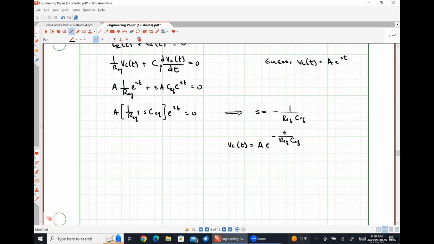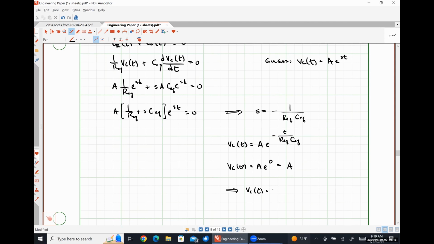We're just going to say what's going on at time t equal to 0 plus. So VC at 0 plus is going to look like A e to the 0, which is A. Therefore, our capacitor voltage is VC at 0 plus times e to the negative t divided by REQ CEQ.